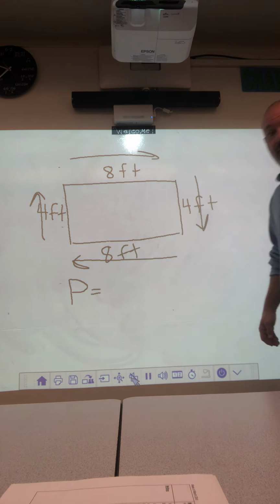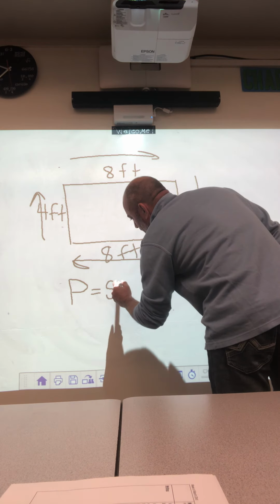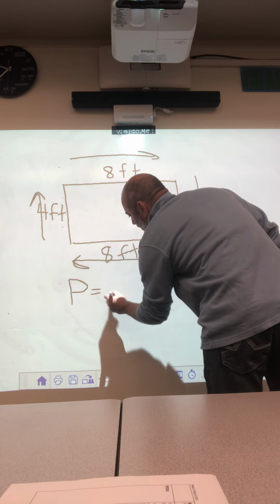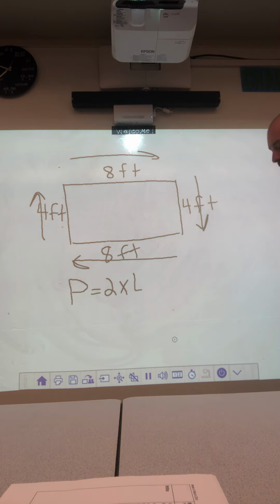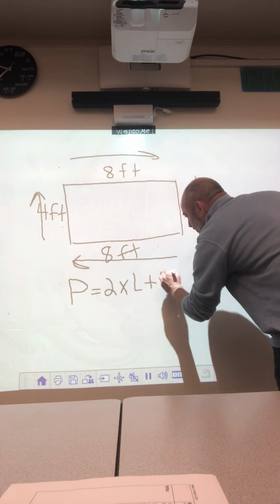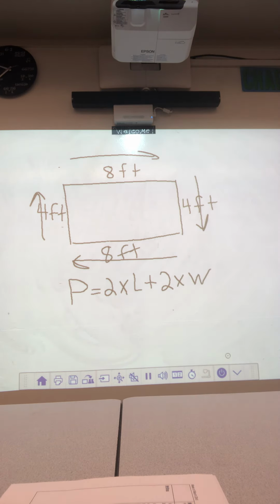P, standing for perimeter, equals two times the length plus 2 times the width.